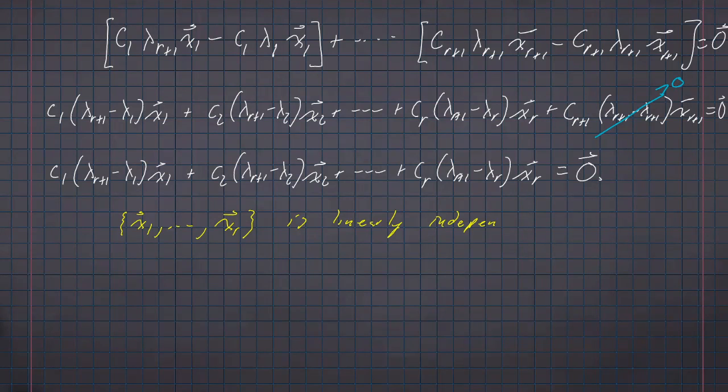A linearly independent set of vectors means that if you take a linear combination, which is what we're doing here, and get the zero vector, that means that c1 times lambda r plus 1 minus lambda 1 is equal to 0, and c2 times lambda r plus 1 minus lambda 2 is equal to 0, and so on.